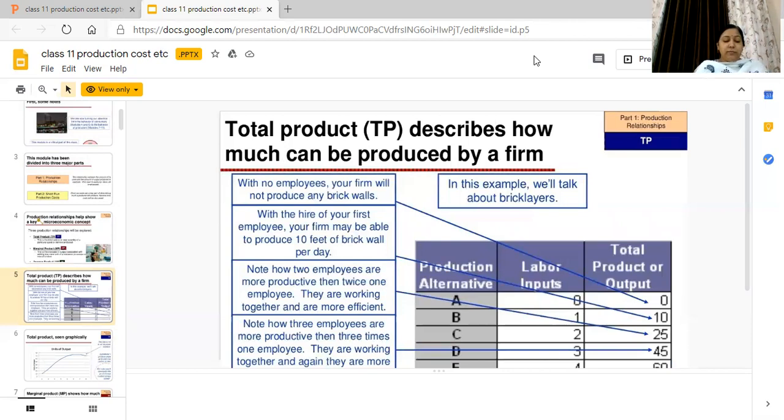Raw material, labor, power, fuel, these are the variables. Now, what are the fixed factors? Fixed factors are those factors which cannot easily be changed in the short run. Land, building, machineries are permanent assets, and they are in the fixed factors, and the assets which are current come in the variable factors.